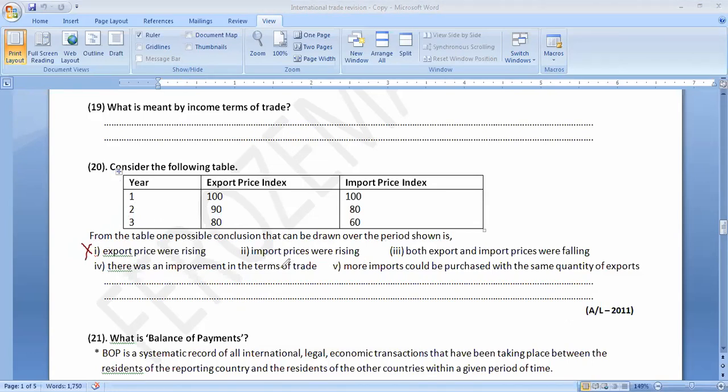Here there's a small correction you have to do in the question.